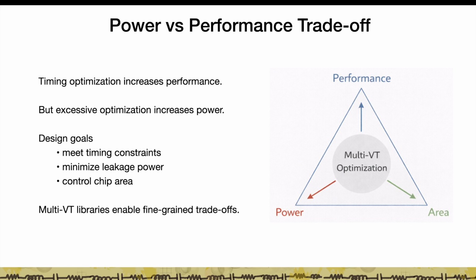There is no free lunch, but multi-VT libraries give you a fine-grained dial rather than a binary switch. Instead of choosing between fast but power hungry and power efficient but slow, you can make the trade-off cell by cell, path by path. That is the real power of multi-VT design. Surgical precision in navigating the performance-power-area triangle.